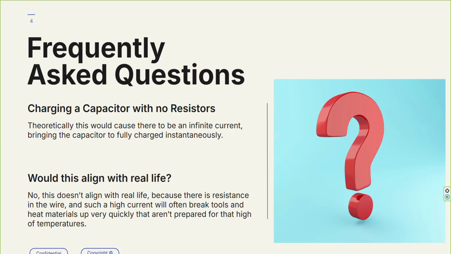Theoretically, zero resistance would mean that there'd be an infinite current with any voltage, which would instantaneously bring the capacitor to a full charge, to be in equilibrium with the battery and whatnot.